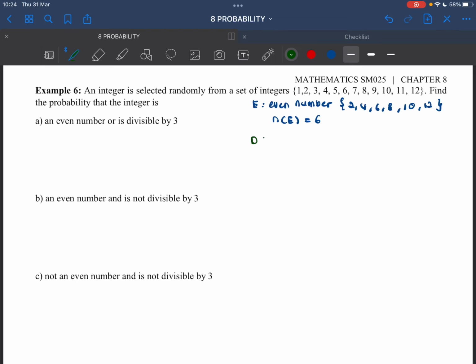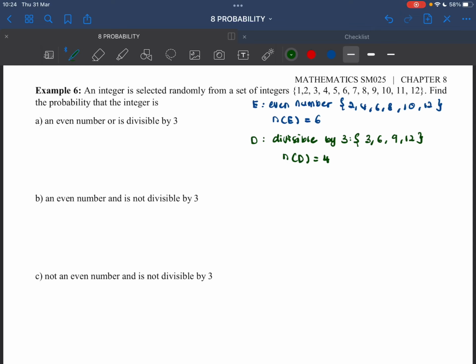Let's put that as D. Divisible by 3, so we have 3, 6, 9, 12. Okay, 1, 2, 3, 4. So we have 4. Let's put the number of divisible by 3 is equal to 4.